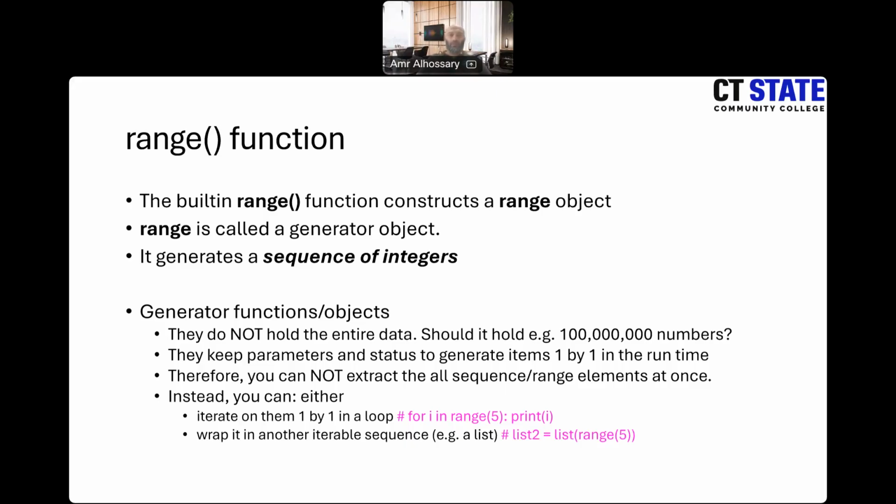The most famous form for this is to use the range in the list constructor in this format: list of, these parentheses are called of, and the range object. So this is how range object works.